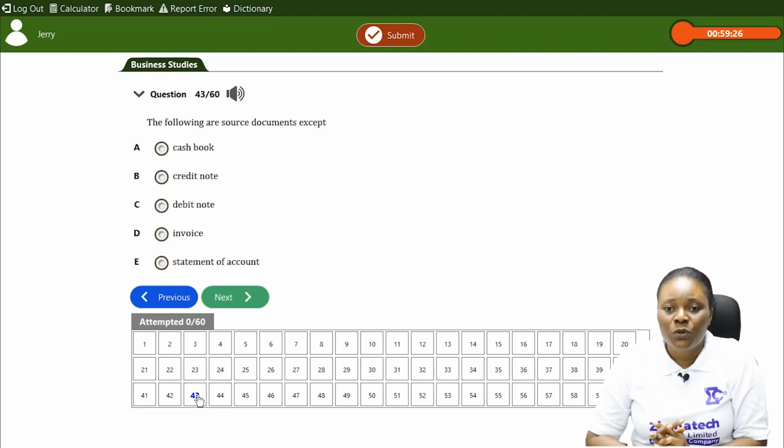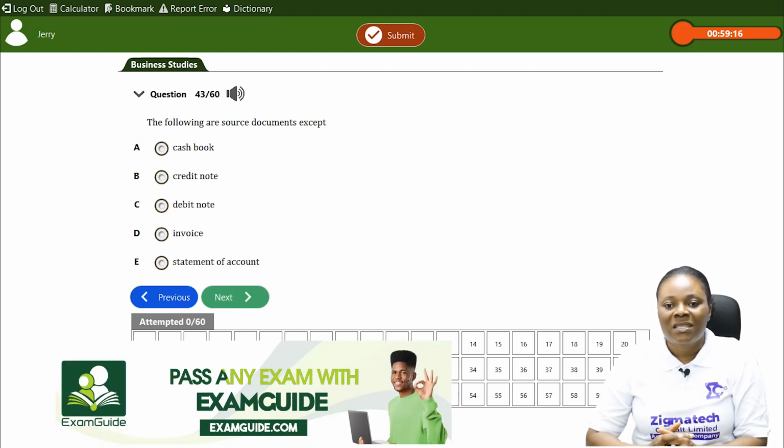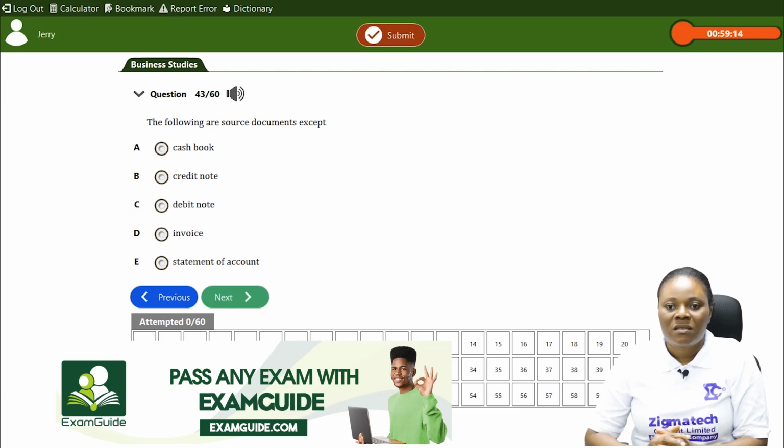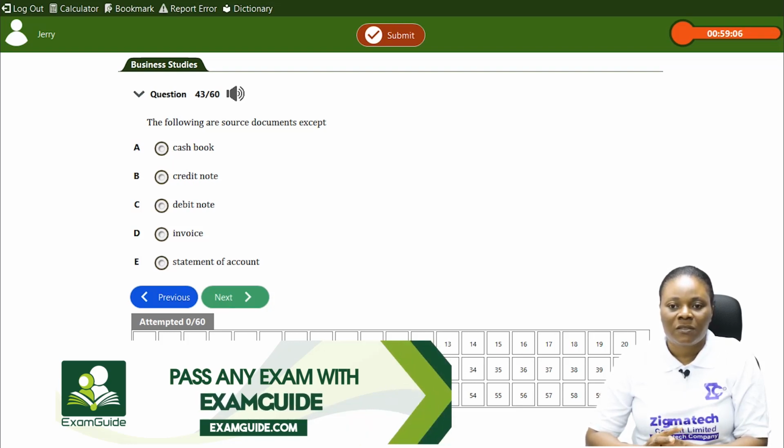Is it a cash book, or a credit note, or a debit note, or an invoice, or a statement of account? The answer is E. Statement of account is not a source document. All the other ones are referred to as source documents.